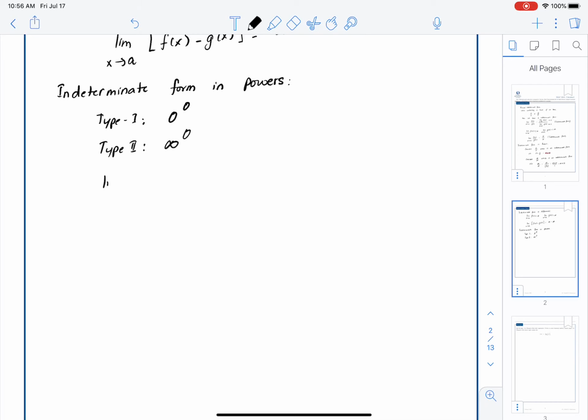And last case, if limit x approaches a, f of x, and limit x approaches a, g of x, and let's say that approaches 1 and that approaches plus or minus infinity, then 1 raised to infinity is an indeterminate form.